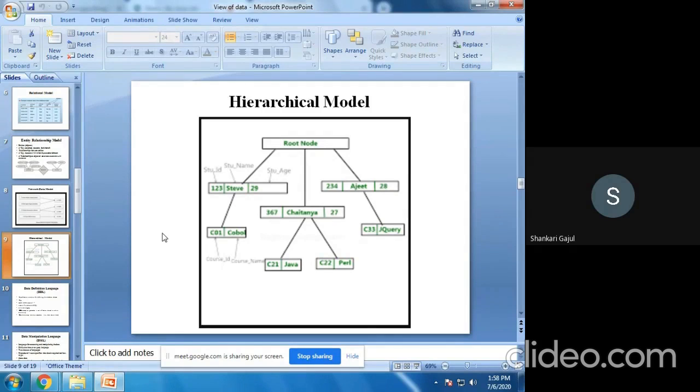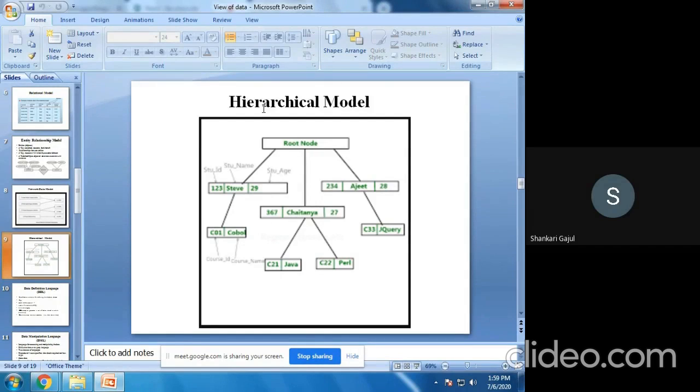We can see in the figure one kind of hierarchical graph, a tree structure, for this hierarchical model. It consists of records and the relationship between the objects is represented via links, but they should be linked in a hierarchical or graphical format.